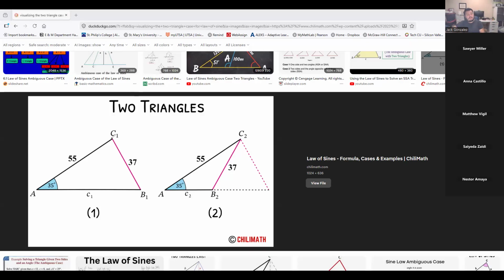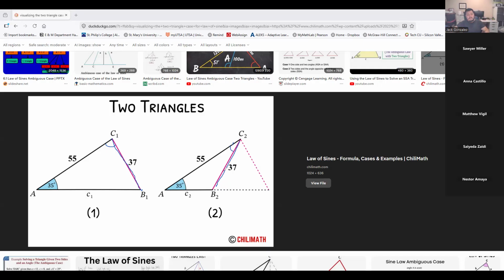So either the C will come out this way, or it'll come inward because the angle will be different. Remember how when we solved for it, we did the sine inverse to get C1, then did 180 minus C1 to get the other one. So it's folding in or out, creating two separate triangles.